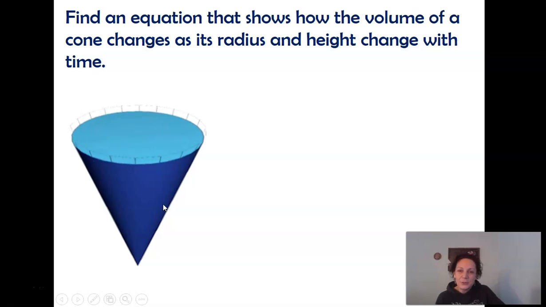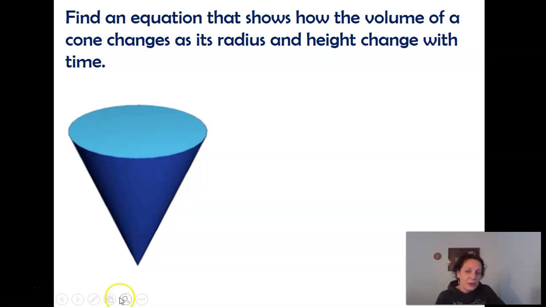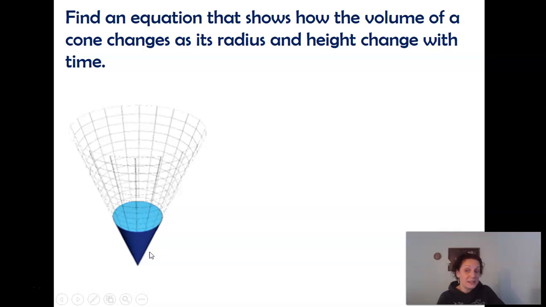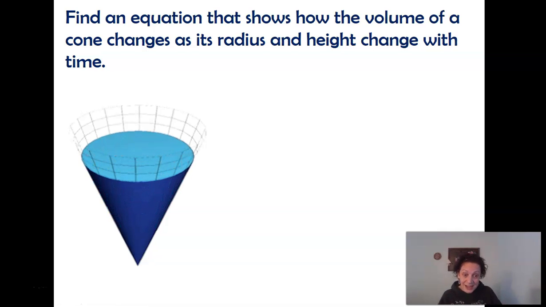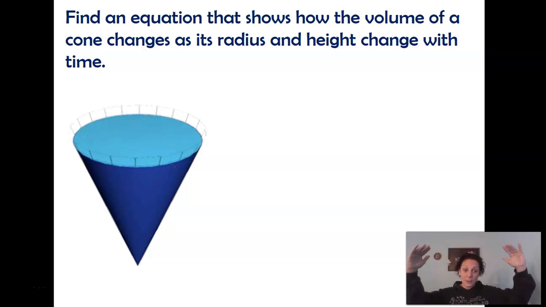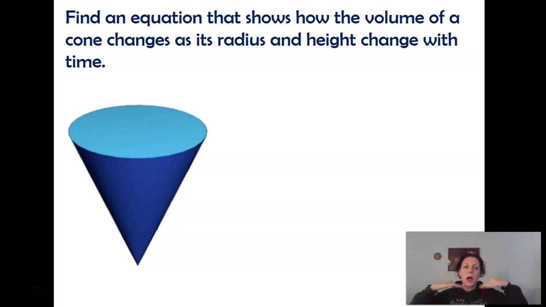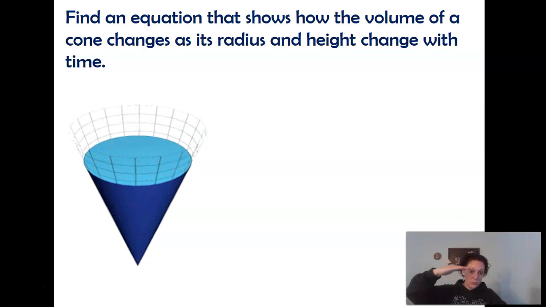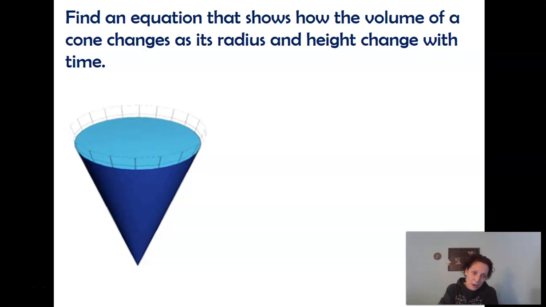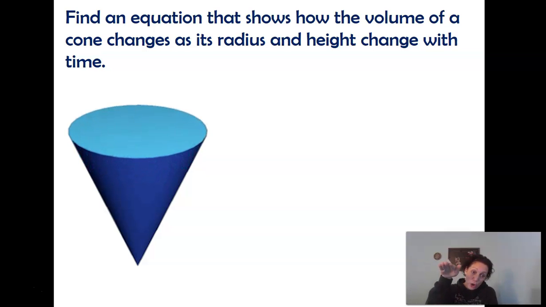Okay. So as you can see, the shape of this doesn't change, right? It's a cone. When it's way at the bottom and it's a tiny cone, or when it's all the way at the top and it's a big cone, it's still a cone. What's changing is two things. The height of the cone, right? As that level rises, your cone gets taller.